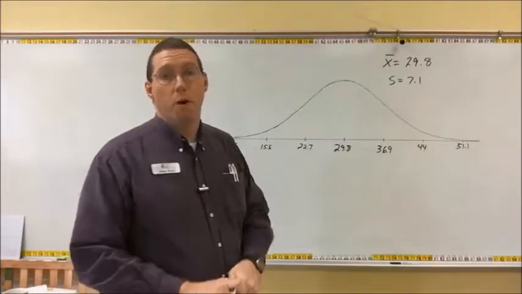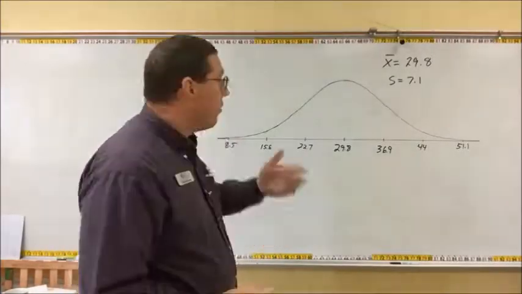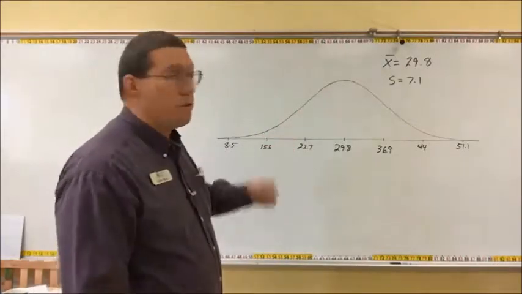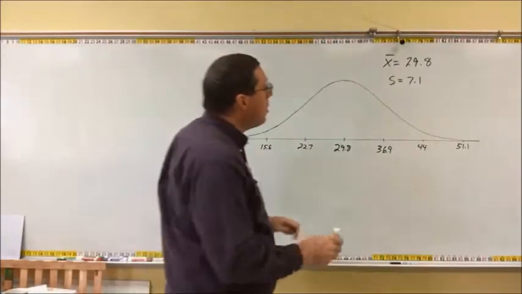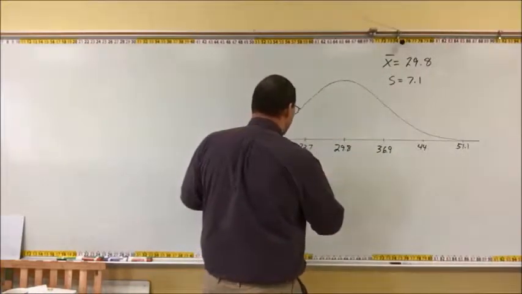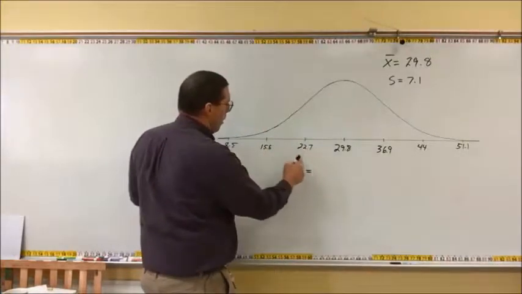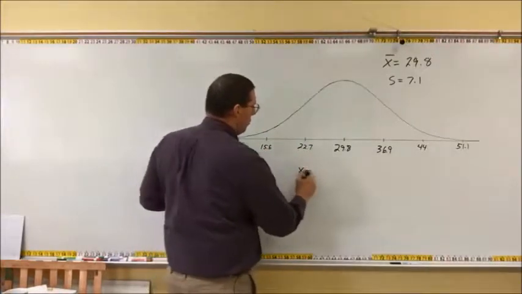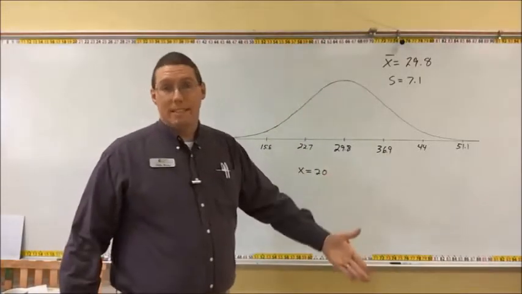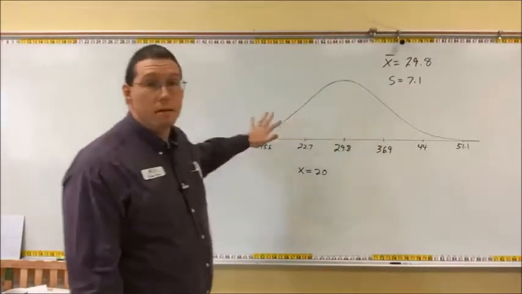So now let's move on to what we did on day 5, and that is to identify the z-score of a particular observation in this population. Let's say we want to know the z-score for the observation, let's pick a number between 15 and 22. Let's say x equals 20. For example, let's say that these could be speeds of cars on the road.